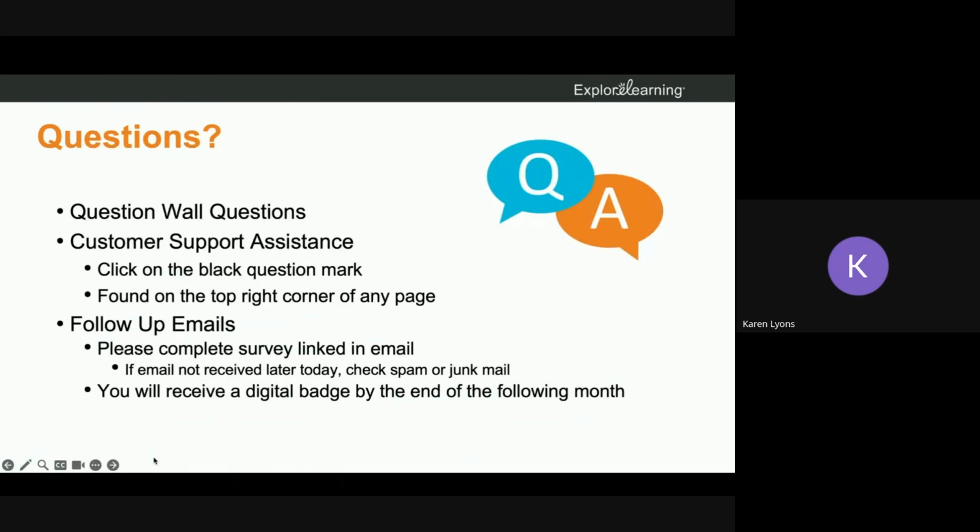The whole idea here is if you need any help on the new site, on the old site, the one you were working with last year, the question mark was in the lower right-hand corner and it was blue. Now the question mark is still there, but it's in the upper right. You'll receive a survey, and you'll also receive a digital badge at the end of the month, probably at the end of August.